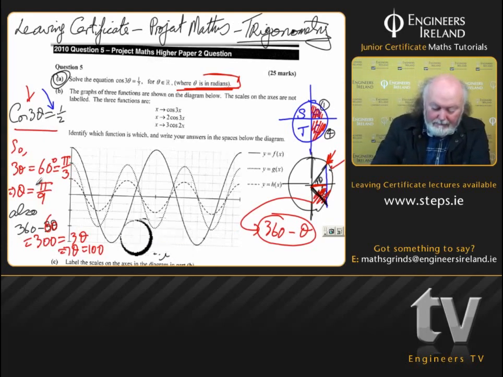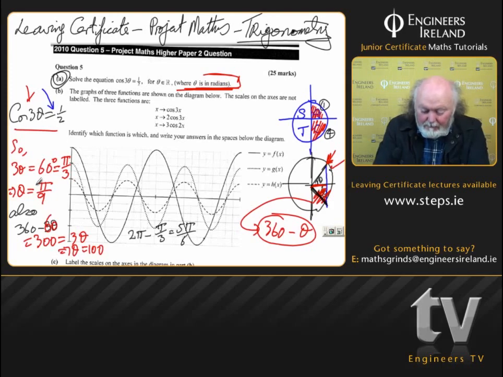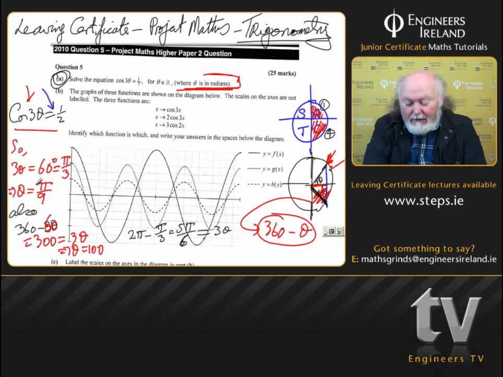Pi over 6, which is equal to the 3 theta, and you get your theta from it.